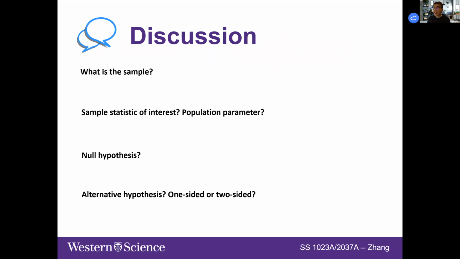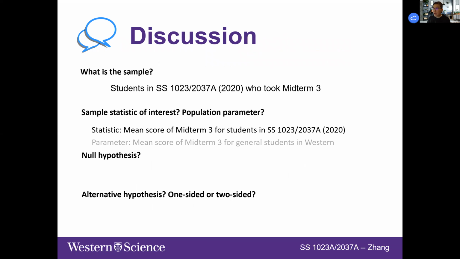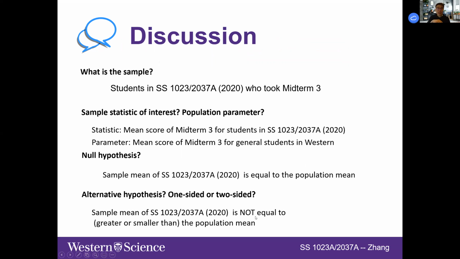Similarly, in this example, because we're talking about not equal, there are two possibilities: our average could be greater than the population, or it could be smaller than. Both cases count as different, which makes this a two-sided problem.